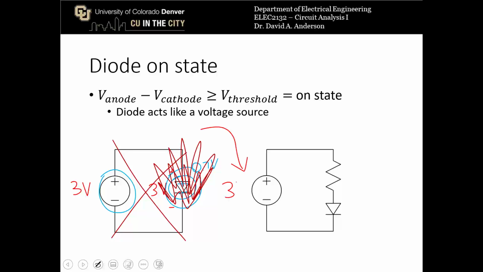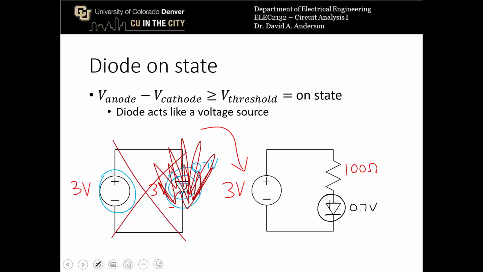If I have the 3 volt source and let's say a 100 ohm resistor, and then my diode with threshold voltage 0.7 volts, well, the diode is going to be in the on state, which means that it acts like a voltage source with value 0.7 volts.